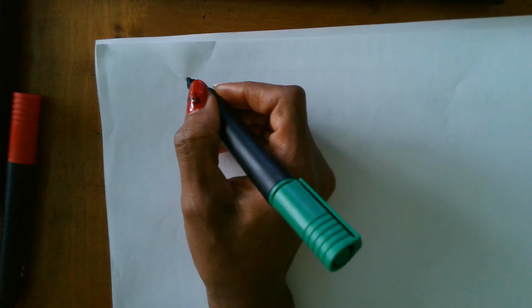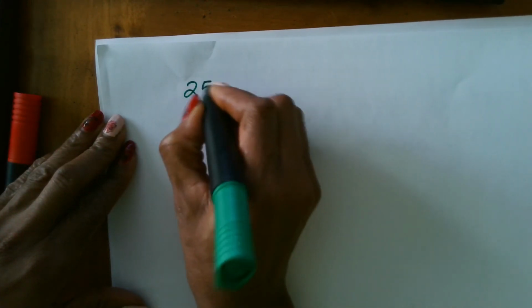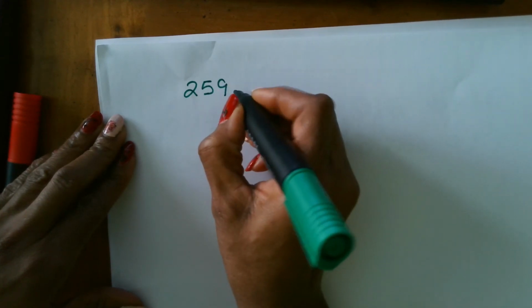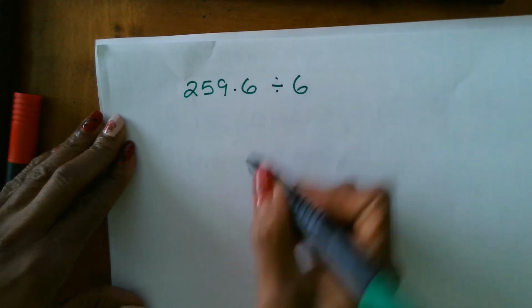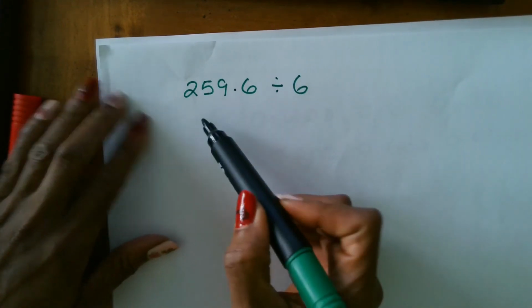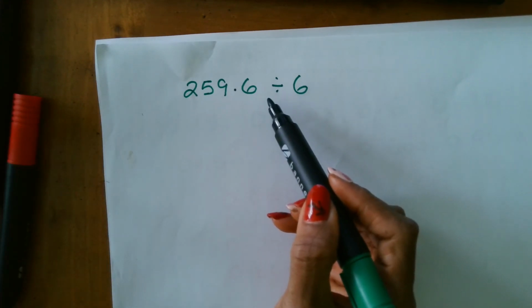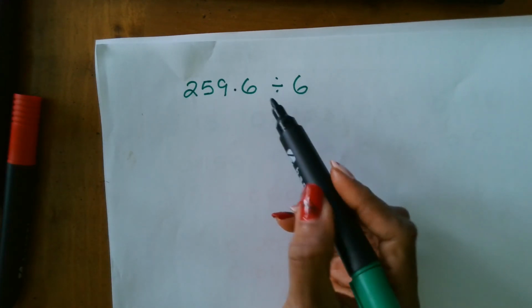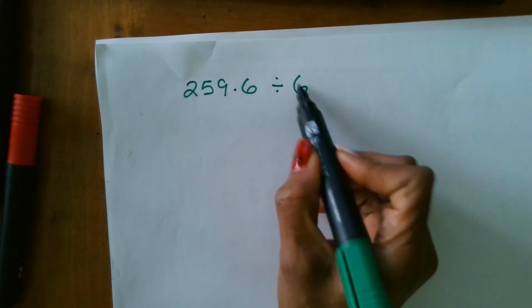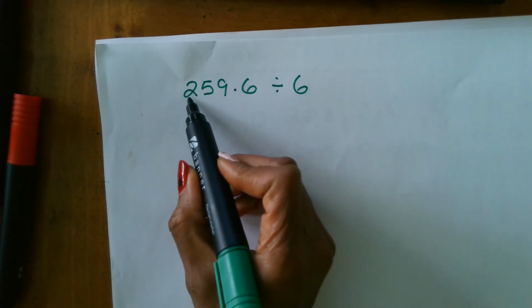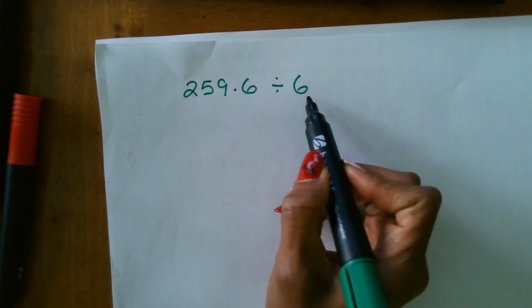So if we have 259.6 divided by 6. Because this is dividing decimals, we're not going to ignore the decimal places. The reason is we've got a number with one decimal place dividing a whole number.